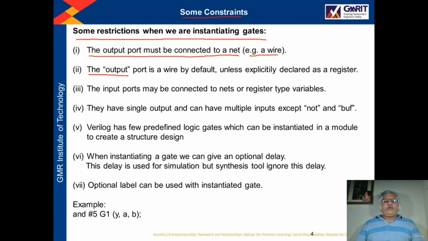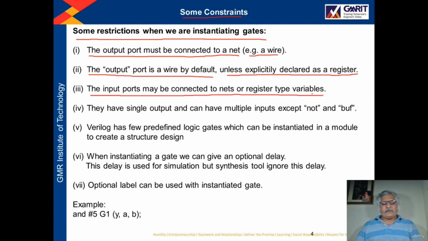Another restriction: the output port is a wire by default, unless explicitly declared as a register, right? By default, when we are declaring an input port or output port, if we are not mentioning anything, then by default it is a wire, meaning net. If we want to declare it as a register type, then we separately have to declare it. The input ports may be connected to nets or register type variables.